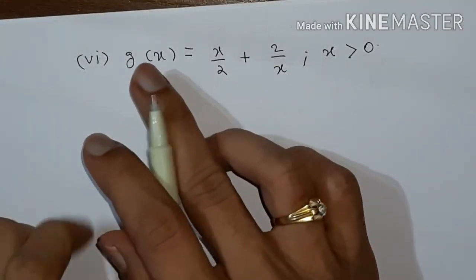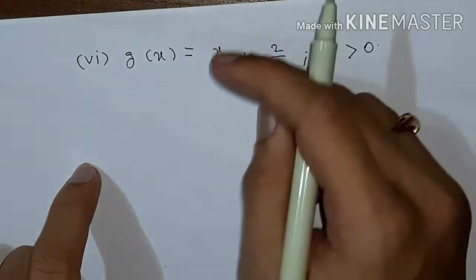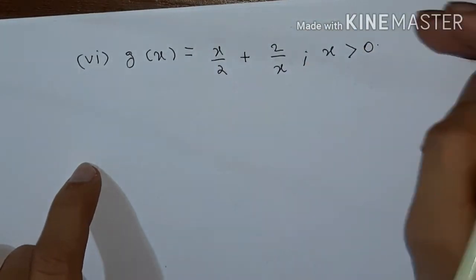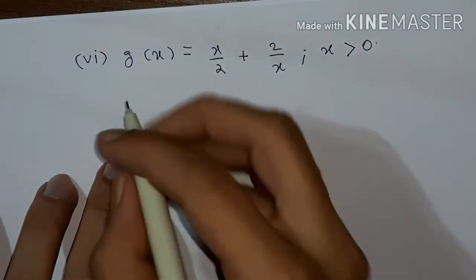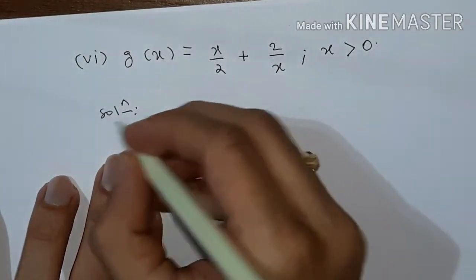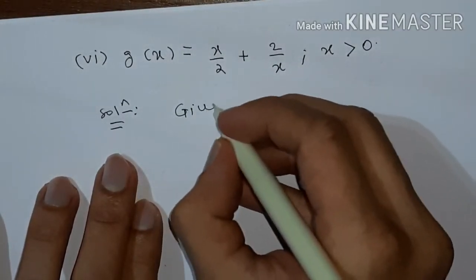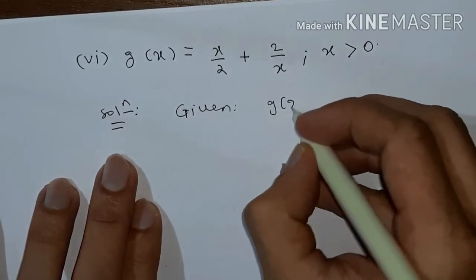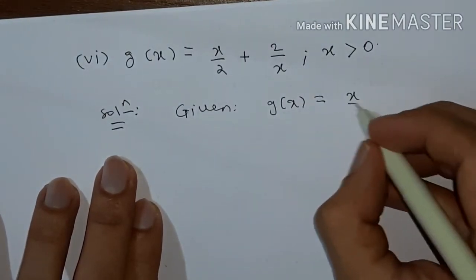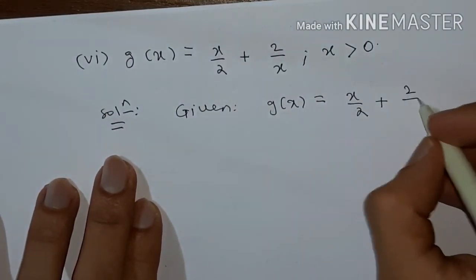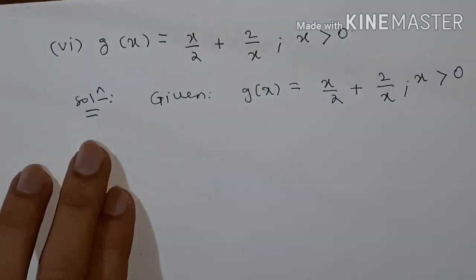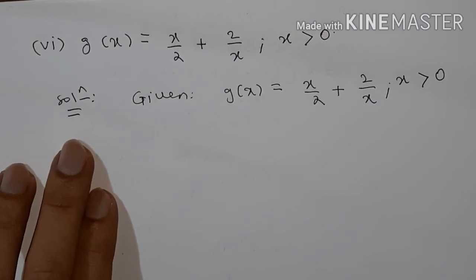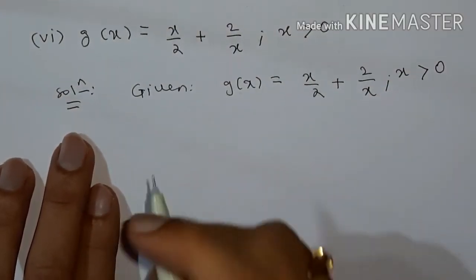You write first what is given. Given g of x equal to x by 2 plus 2 by x, x greater than 0. X greater than 0 is the domain of the function g of x.